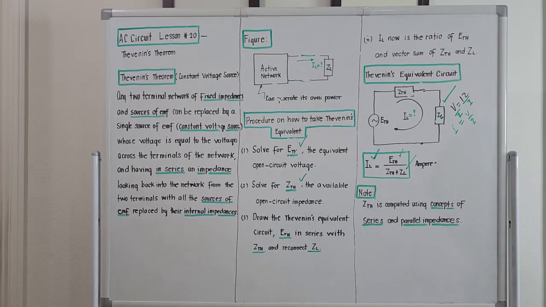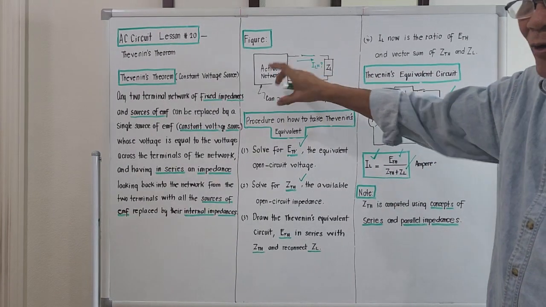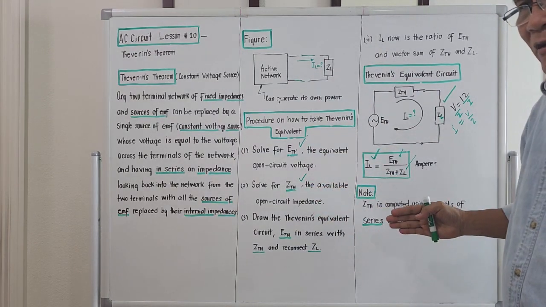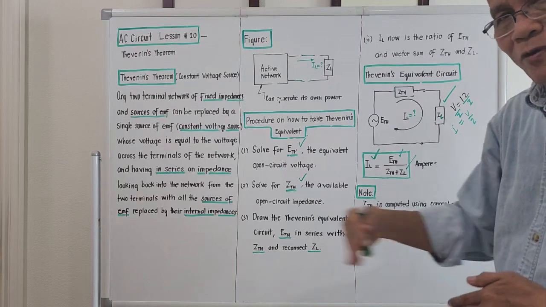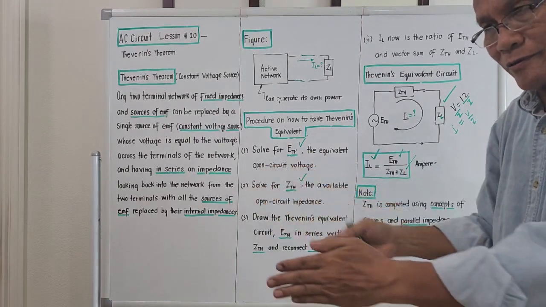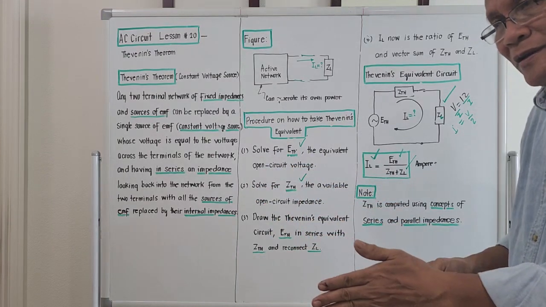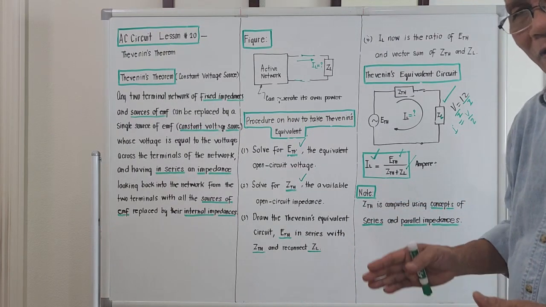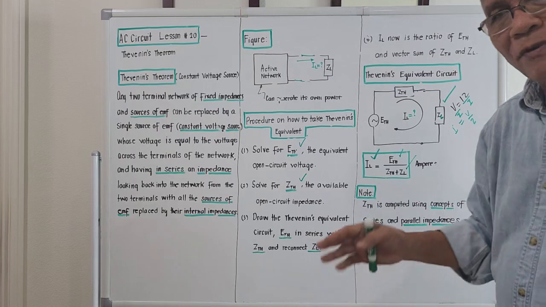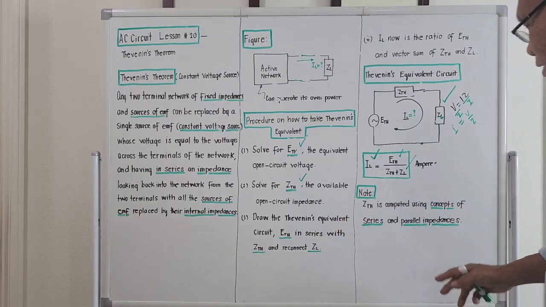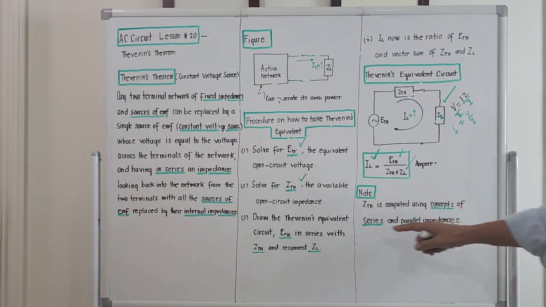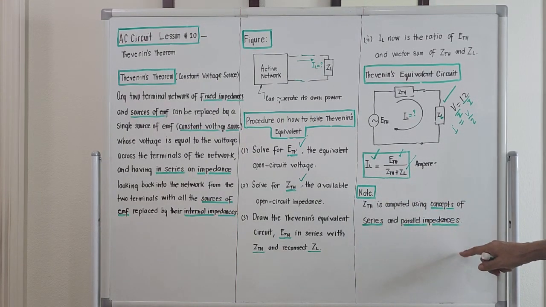What I did was use the voltmeter and the ohmmeter in the computation of ETH and ZTH. But if we are solving problems paper-wise, on the board or on our computer, we will be using our knowledge of the concepts of series and parallel impedances. So in the computation of the impedance, use the concepts of series and parallel impedances.